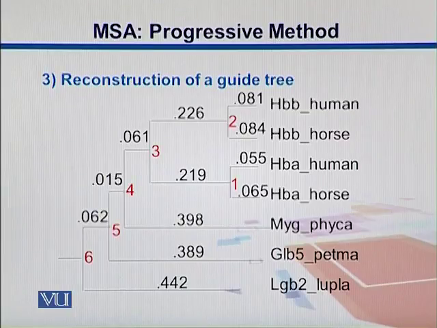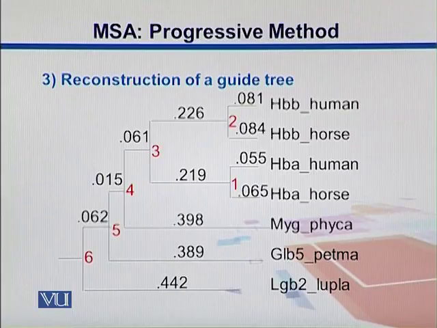Since our broader topic here is progressive alignment, just look at how, from those distances, we can come up with a tree where HBB human and HBB horse are pretty close to one another. On the tree we have these different sections, which we call clades. HBB human and HBB horse are in this clade together, and the rest of them come one after another. Probably LGB2 lupin has the highest distance from the rest of them.